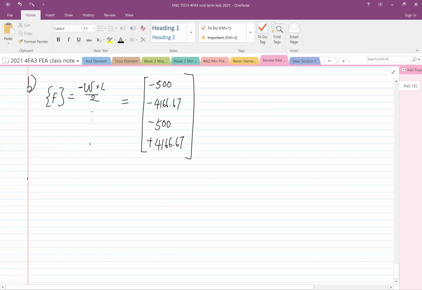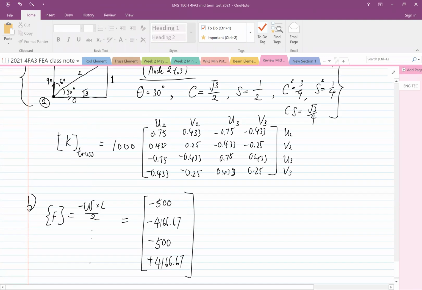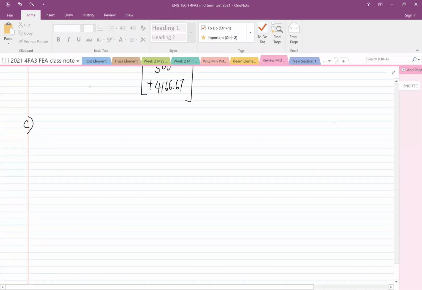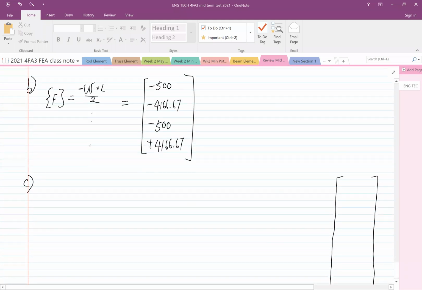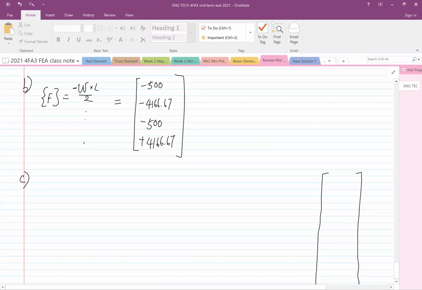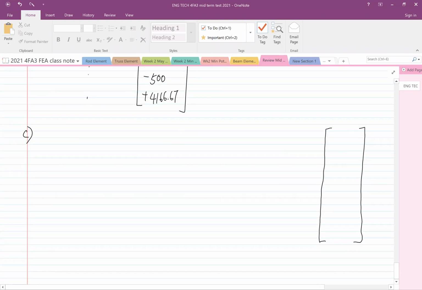Part C. Okay. So we have 7 degrees of freedom. What I like to do, I always write down the displacement vector first. So according to this, I can adjust where I want to put each value within the global stiffness matrix.